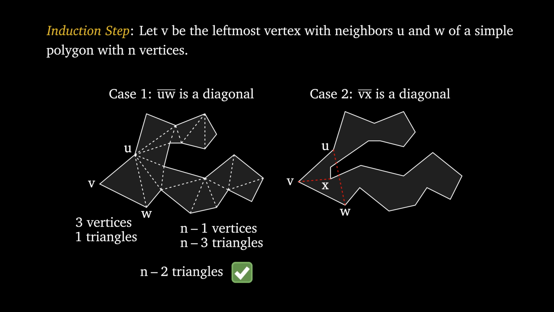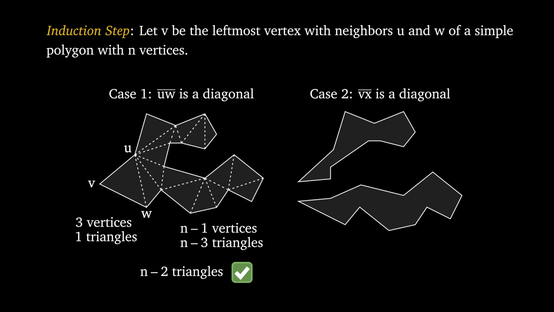Similar to before, we can split then the polygon along the line segment, in this case Vx, and obtain two polygons with fewer than n vertices, which can be triangulated respectively using the induction hypothesis. Note that if we assume that one of the two resulting polygons has k many vertices, then the other one must have n-k plus 2 many vertices, since the split is made along the line segment Vx and both polygons share basically the two vertices V and x.